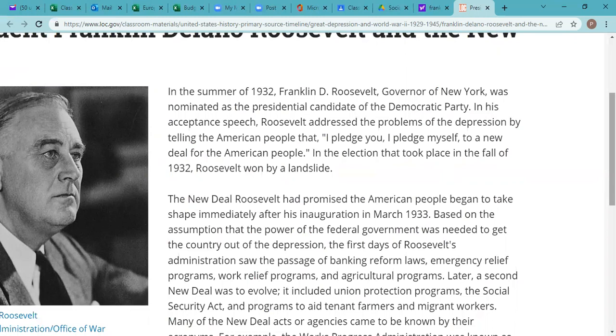In his acceptance speech, he addressed the problems of the Depression, saying, I pledge you, I pledge myself to a new deal for the American people. In the election that fall, Roosevelt won by a landslide.